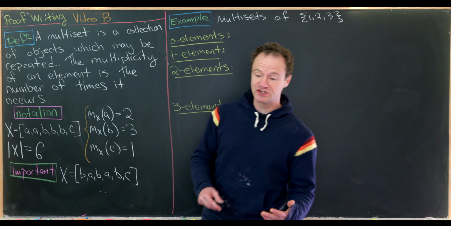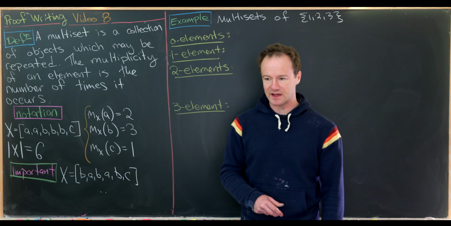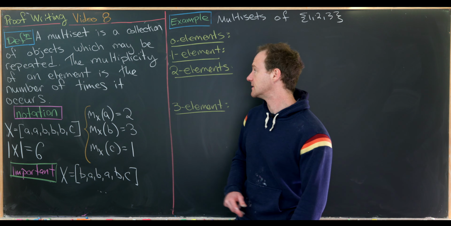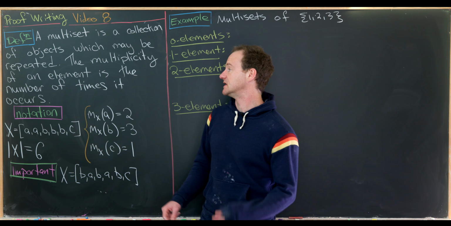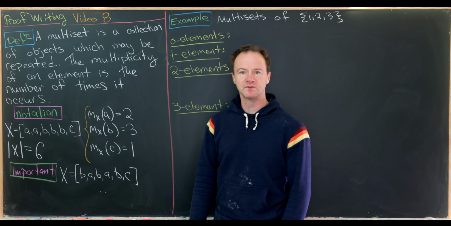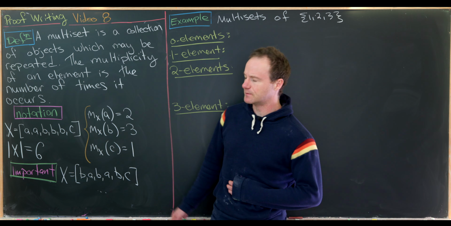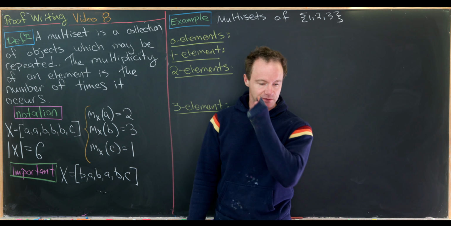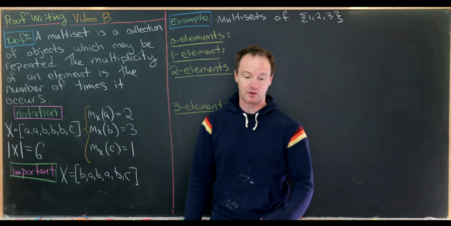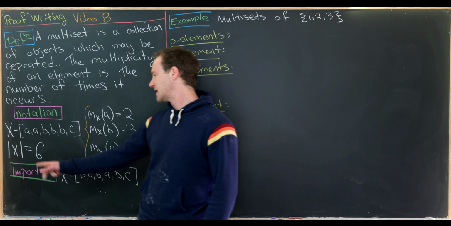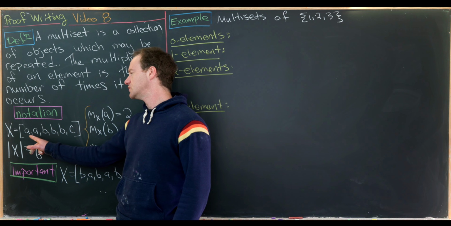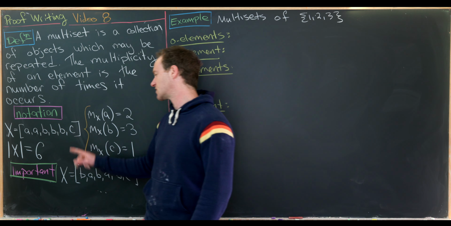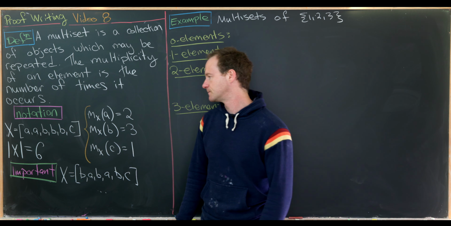Then that repetition can be recorded in a multiset by the notion of a multiplicity. So the multiplicity of an element in a multiset is the number of times it occurs. So let's look at this very simple example, as well as some notation that we can build out of this example. So let's say we've got the multiset, which I'll call capital X. We'll use the notation where we have these square brackets.